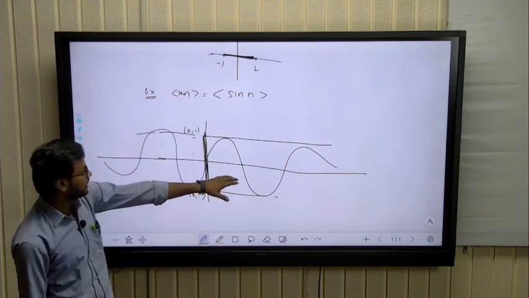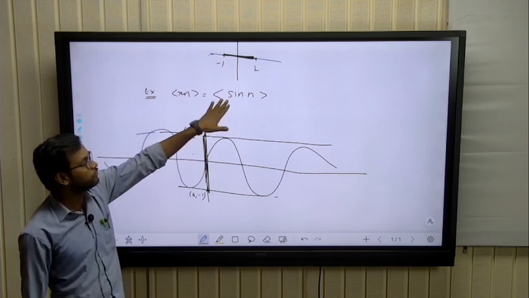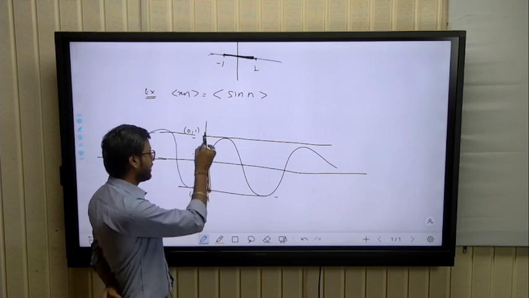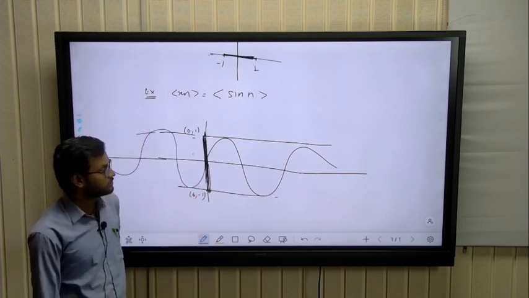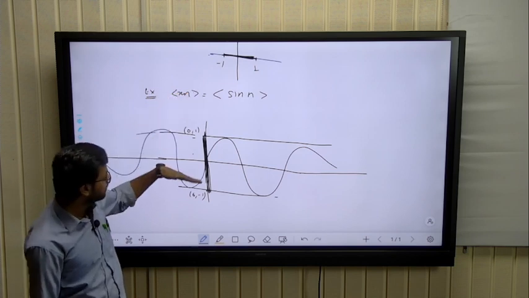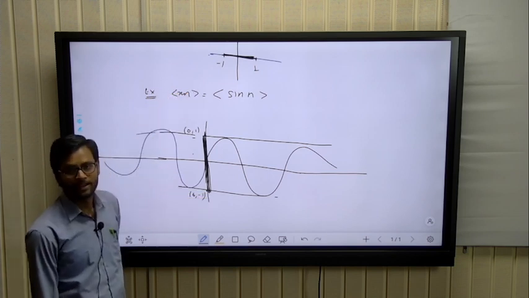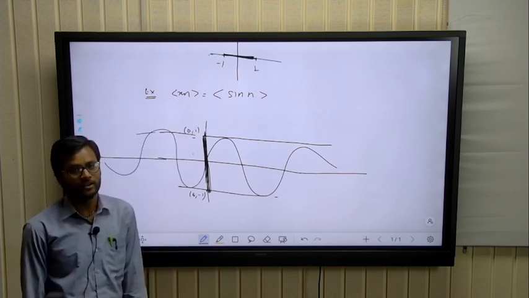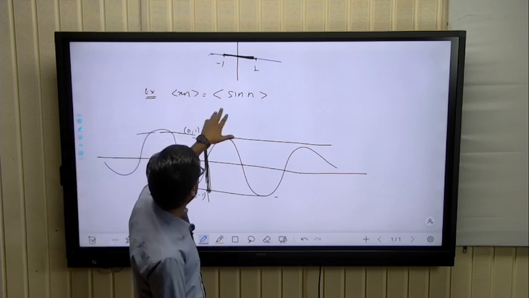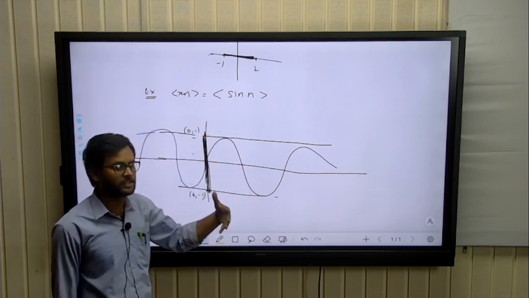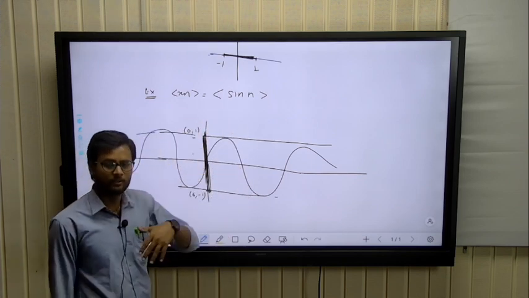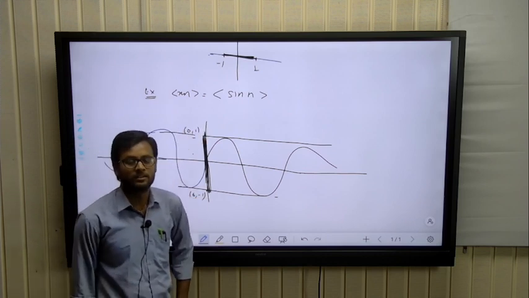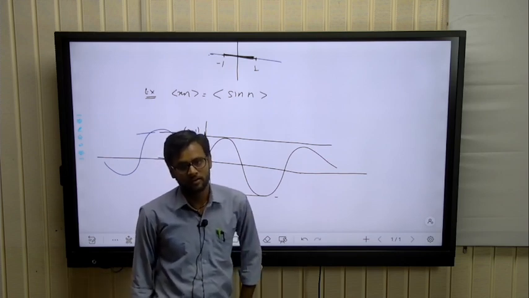You notice from the graph that the values of sin lie between minus 1 and 1. It does not go outside 1, it does not go outside minus 1, it always lies between minus 1 and 1. So we say that the given sequence is an oscillatory sequence. Because the terms are between minus 1 and 1, we easily say that the given sequence is an oscillatory sequence.